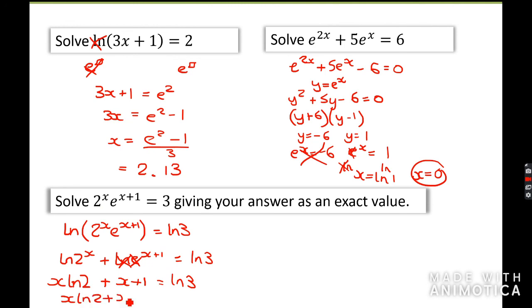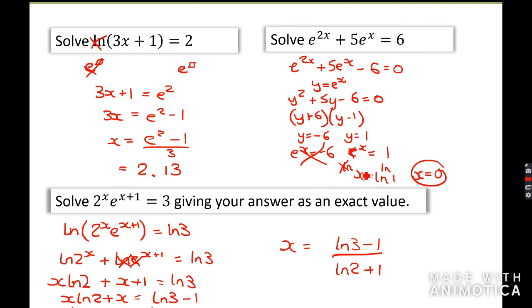X log natural 2 plus x equals log natural 3 minus 1. Factor out x. X times log natural 2 plus 1 equals log natural 3 minus 1. Divide underneath, so I'll be left with x equals log natural 3 minus 1 over log natural 2 plus 1.